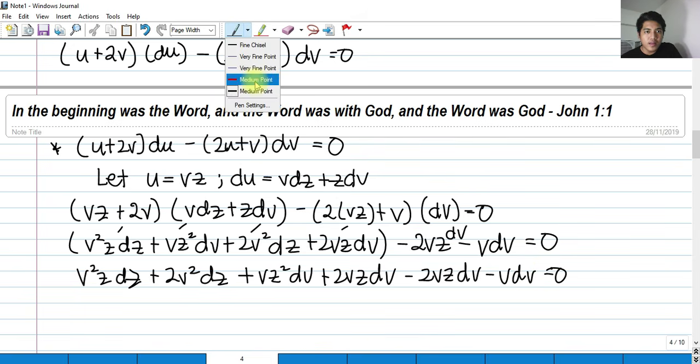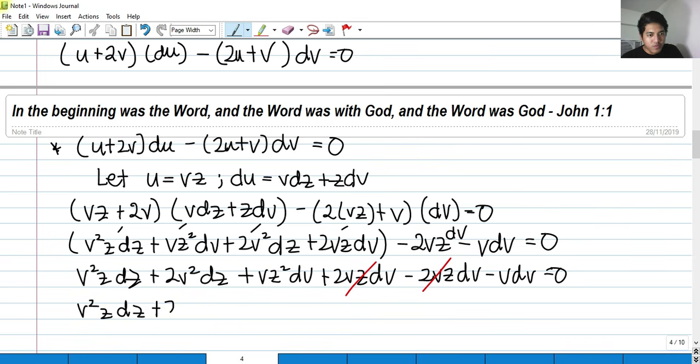So, you can see here, we can simplify this. This would cancel out, and we are left with this. v squared z dz plus 2v squared dz, plus vz squared dv minus v dv is equal to 0.